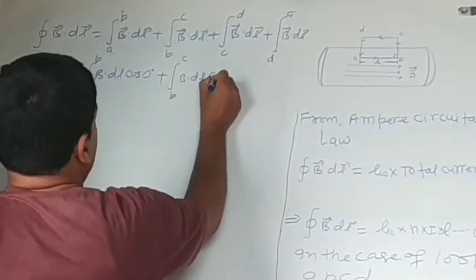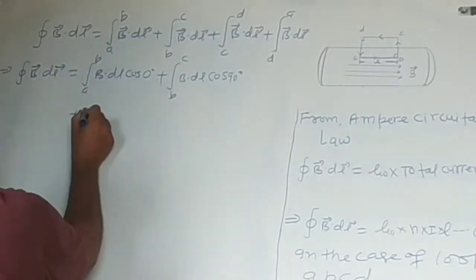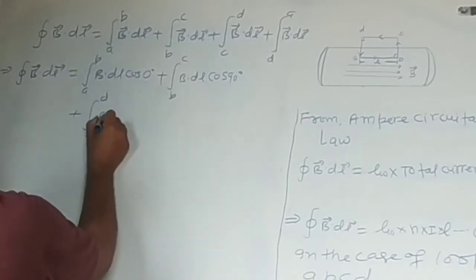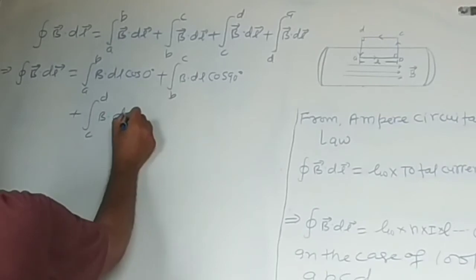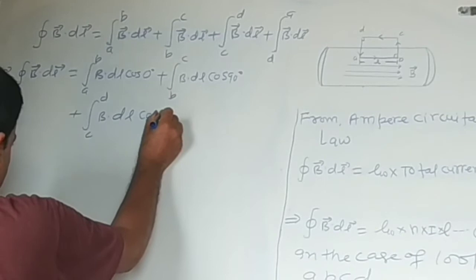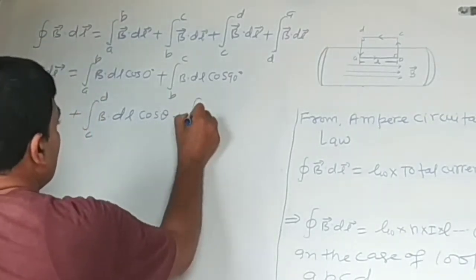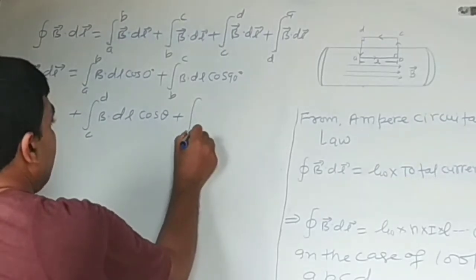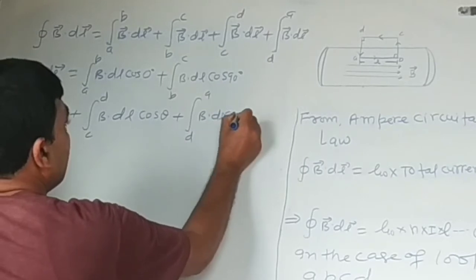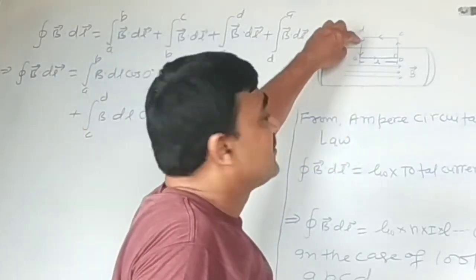Therefore, cos 90 degrees. Plus C to D, B dl cos theta, plus D to A, B dl cos 90 degrees. Here the angle is 90 degrees.